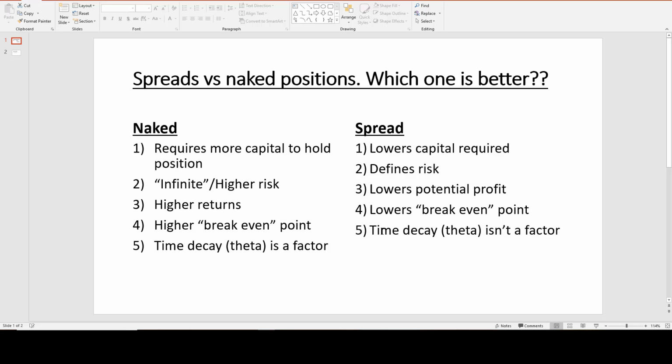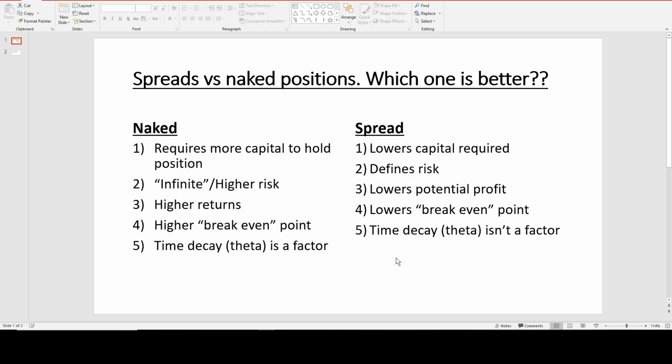And let's talk about theta for a second. We know that if you're going to sell options, you want to get in when IV is high, when implied volatility is high. You want to take advantage of that drop in implied volatility so you can bring those option prices down and buy them back at a cheaper price. So the longer that you hold this position, time decay is going to be in your favor.